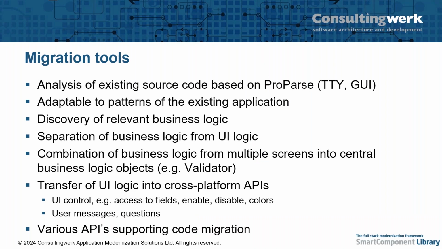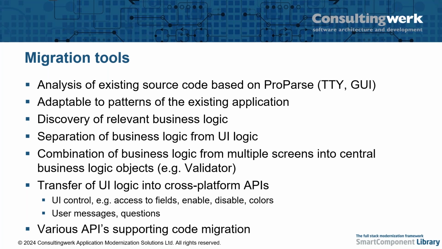And typically these migration tools are based on analyzing the existing source code. We maintain ProParse for that. ProParse is a parser for ABL code. ProParse understands ABL code in a very similar way as the compiler does. So it understands keywords.